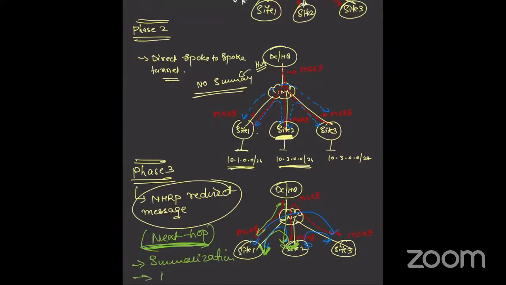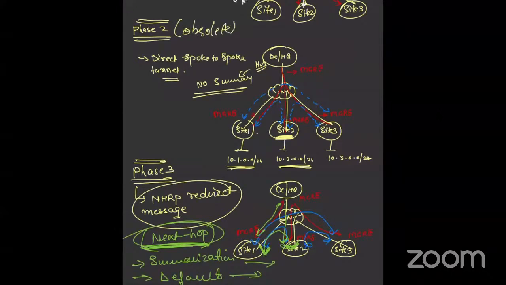Okay, so you can do everything now. You can do the default routing, you can do the summarization, no issues of next hop and all that stuff. And by the way, phase 2 is also obsolete because of these reasons. So now everyone who is using DMVPN is using phase 3.